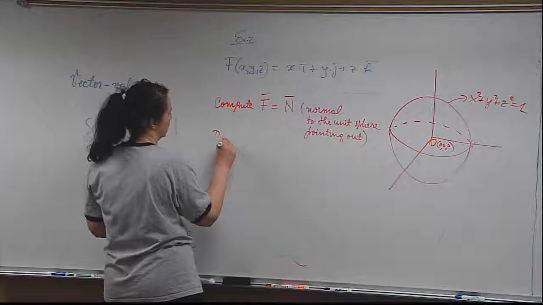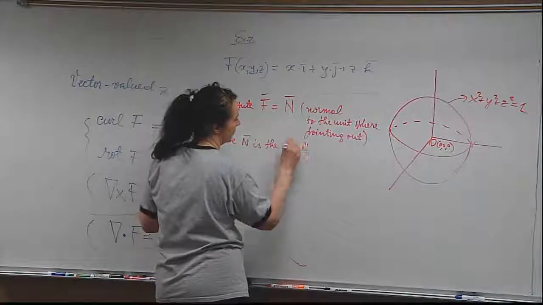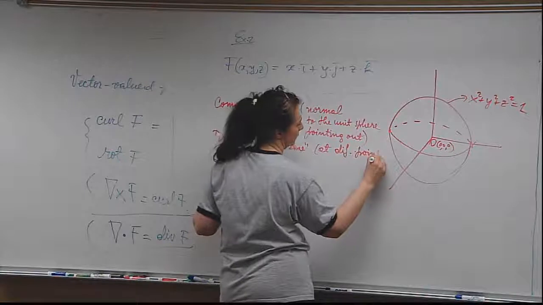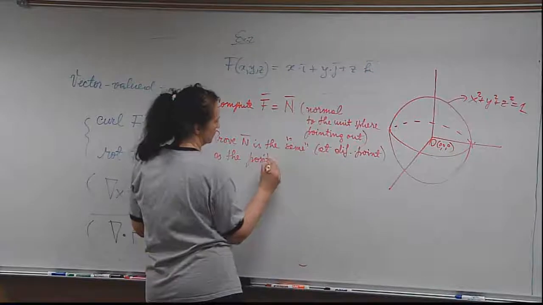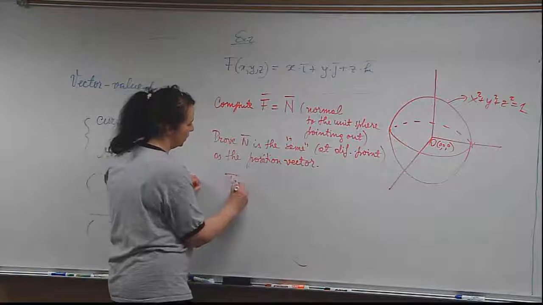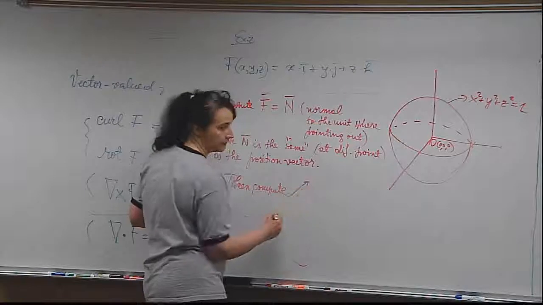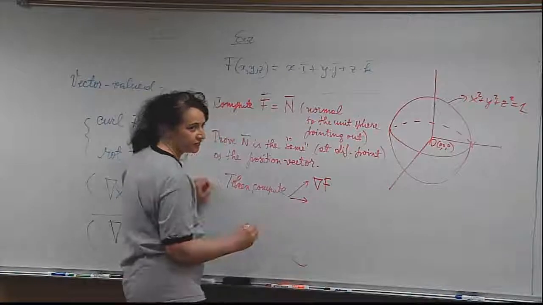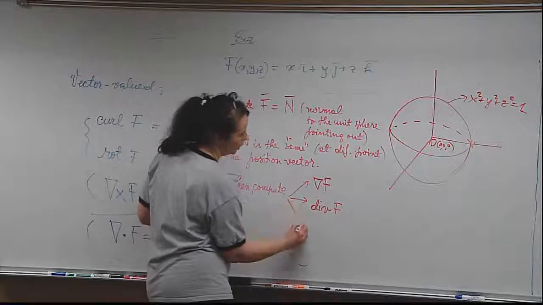Prove that n, at a different point, is the same as the position vector. Then compute the following: gradient of f, divergence of f, and curl of f.